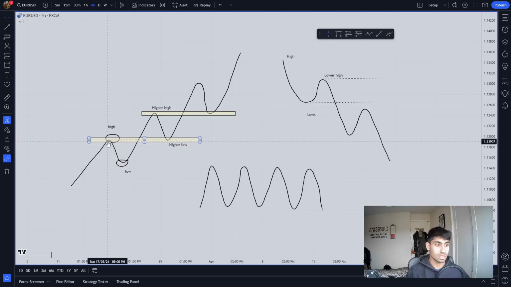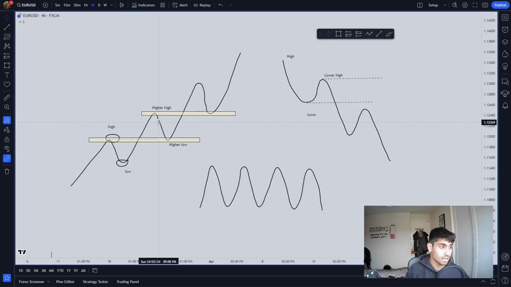So we now know this is an area where sellers are selling, or all people who are in a trade in the rally are taking profit. So that's why price comes down a bit. But it's an uptrend, so we know price breaks the highs.